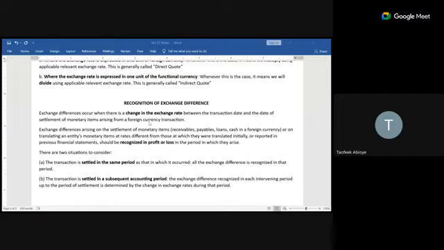What the standard is saying is that exchange difference occurs when there is a change in exchange rate between the transaction date and the settlement date arising in a foreign currency transaction. For example, the accounting year end of the business is 31st December. On December 1st, the company bought a machine, but the supplier gave us a 1 month credit period.